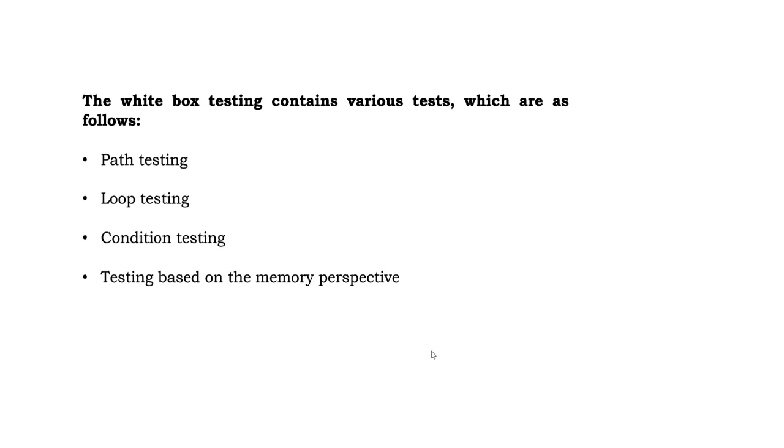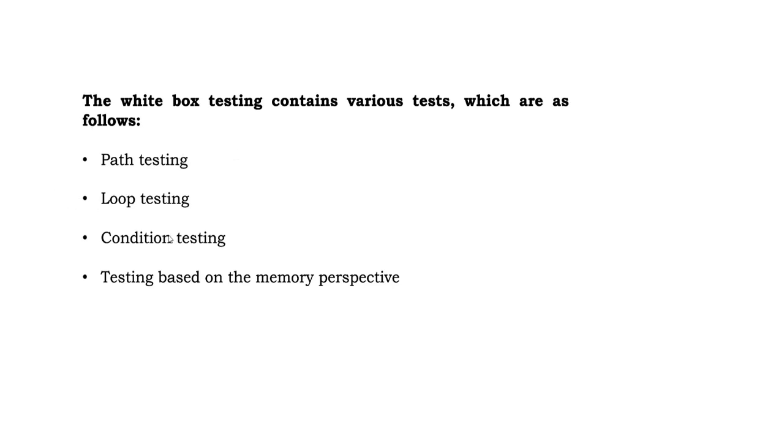If I have entered valid credentials, it should allow me to perform the next step. But if I've entered a wrong or invalid combination, it should throw me an error. That is where path testing comes into the picture: how the path is working, with the positive and with the negative. If there are any different conditions, in such a condition, how is the path going? Is it going in the right direction or not? That will be tested as part of path testing.